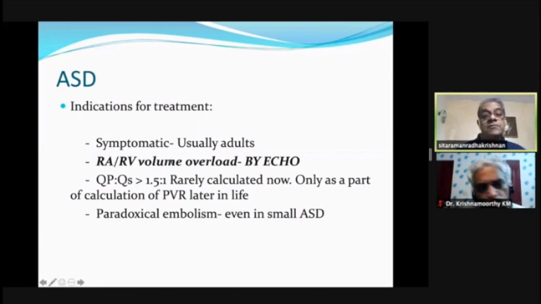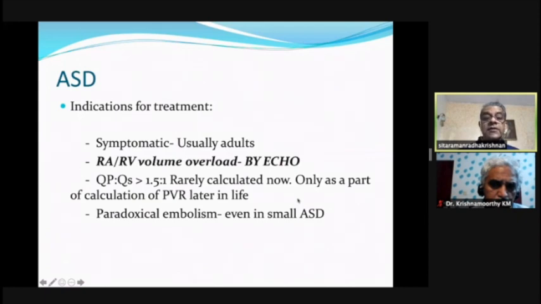When you do an echo and you see RA-RV volume overload, then of course it is an indication for treatment. They have kept it very simple. No cardiac catheterizations to calculate so-called Qp:Qs, etc. But in the echo, simple transthoracic echo, if you notice RA-RV dilatation, it is an indication for closing the atrial septal defect. Qp:Qs calculation and all have been relegated to history.